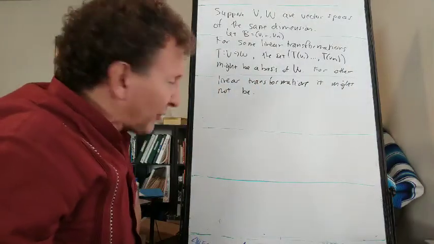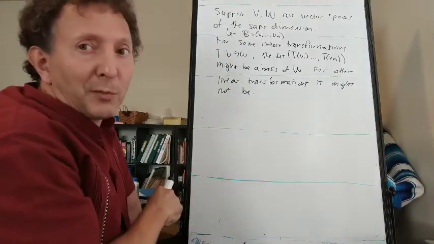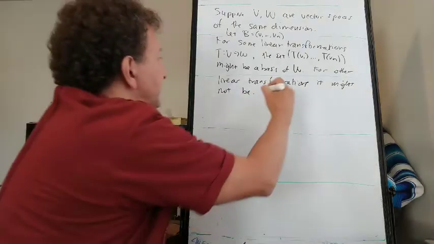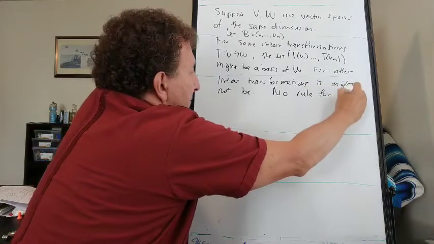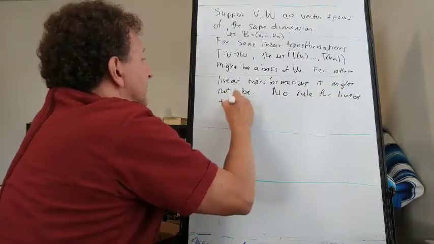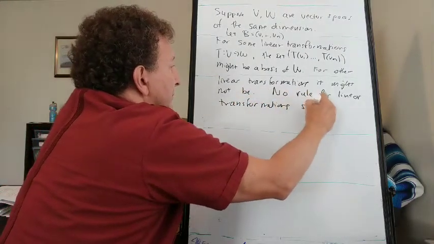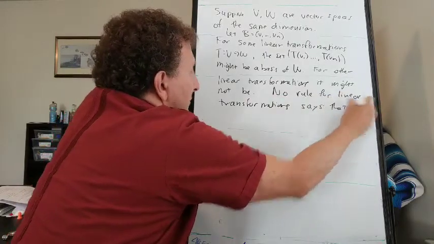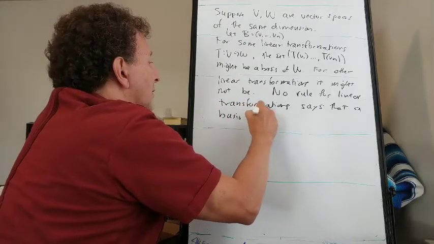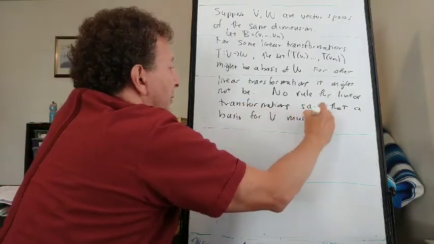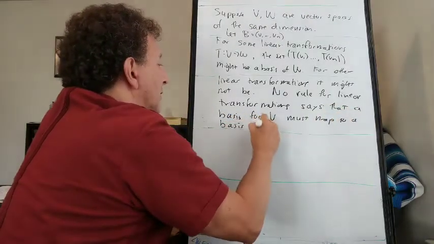There's no rule about linear transformations that says that when you apply the linear transformation to all elements of a basis of the first space that you definitely get a basis of the second space. So no rule says that a basis for V must map to a basis for W.